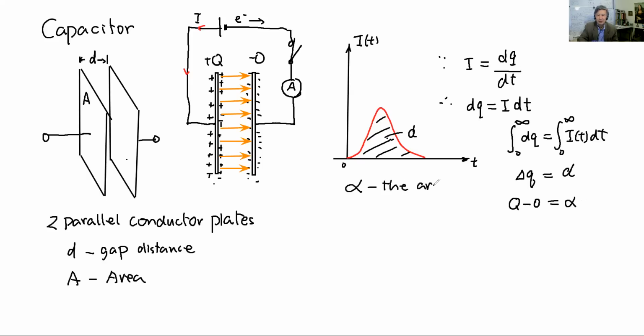In IB we sometimes use this diagram, the area under the I-t graph or I-t curve. So Q equals that area.